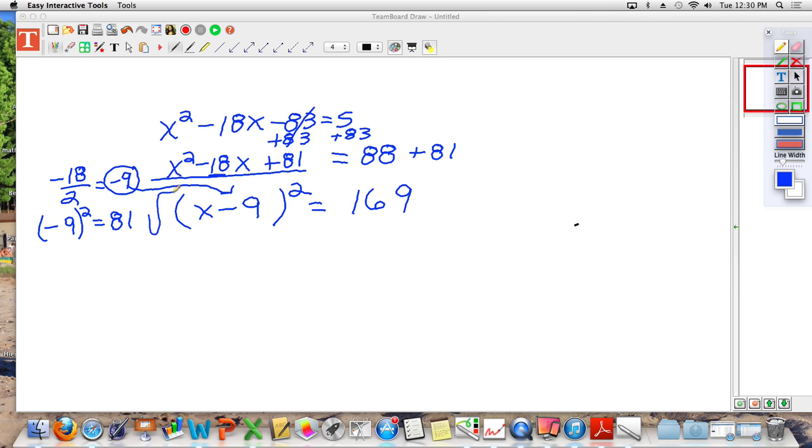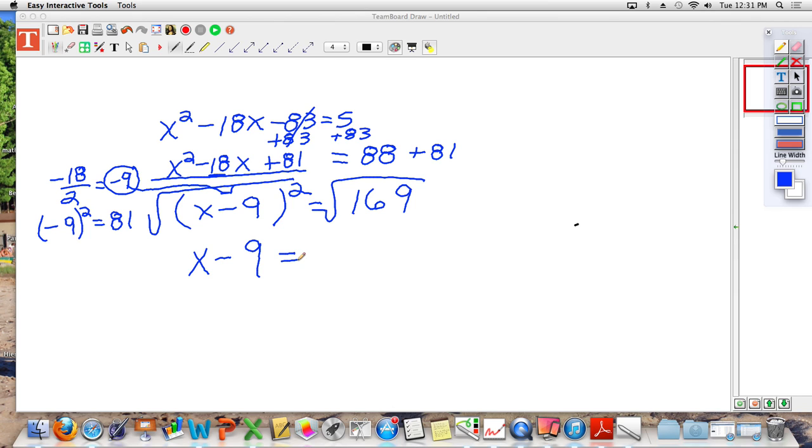Square root it. So I square root the left, I square root the right. The square root of x minus 9 squared is what? It is x minus 9 is equal to the square root of 169, I believe is 13. Yes.